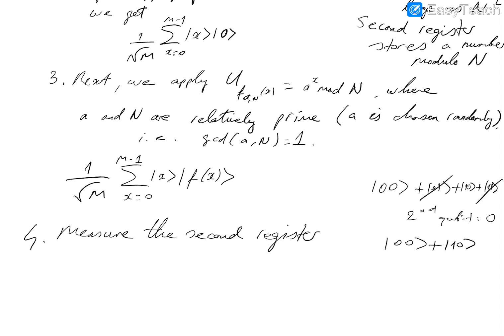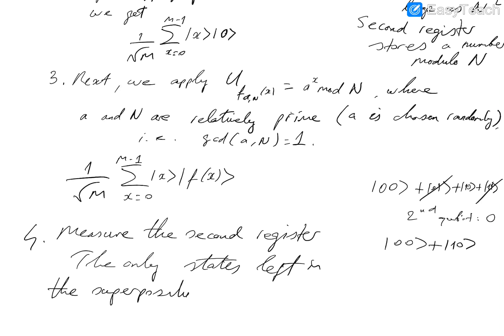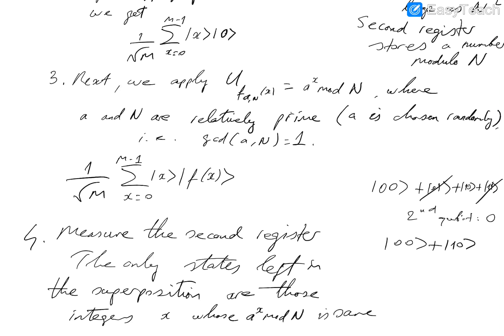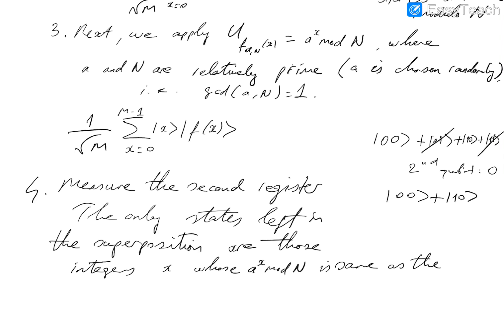This is a partial measurement, and the only states left in the superposition in the first register are those integers x whose a to the x mod n, whose f of x, is the same as the measured value.